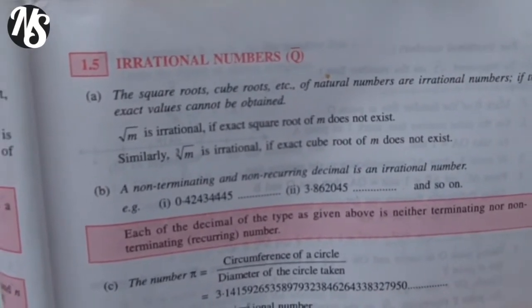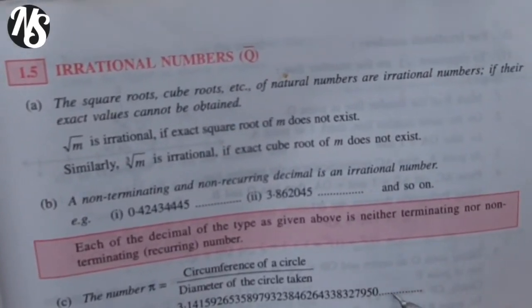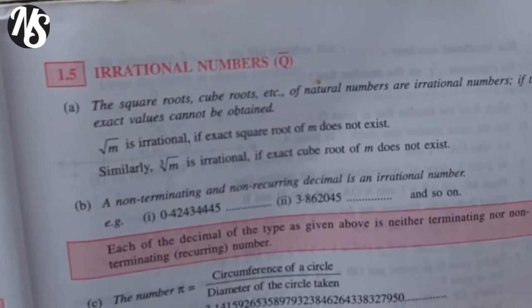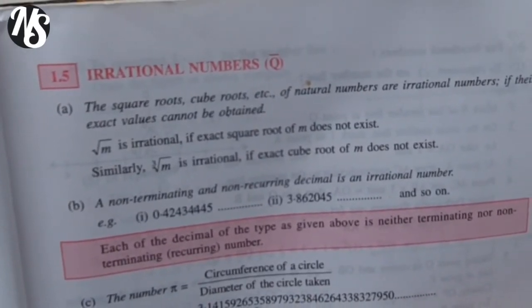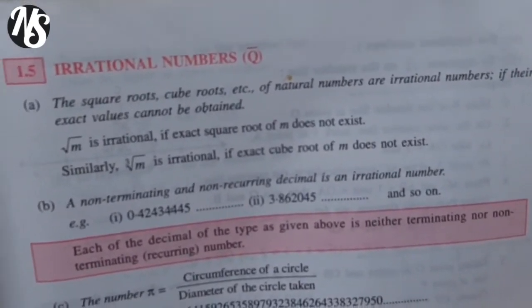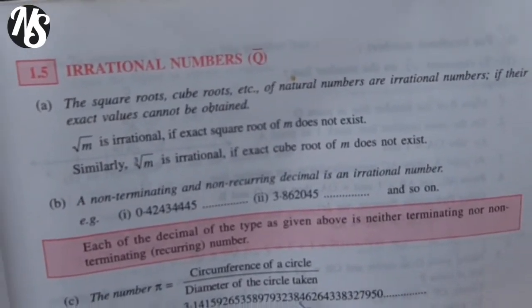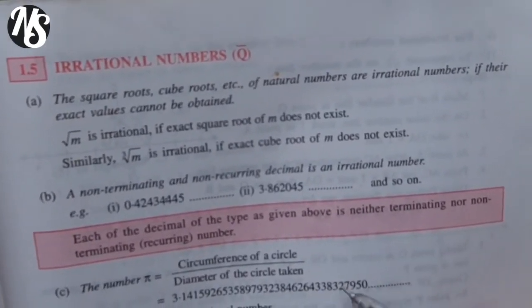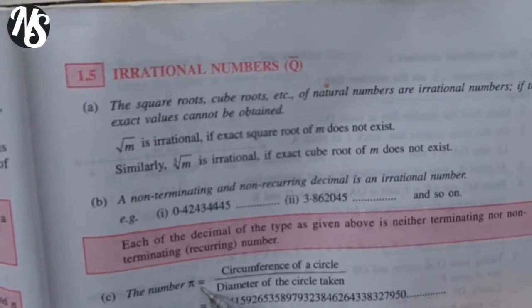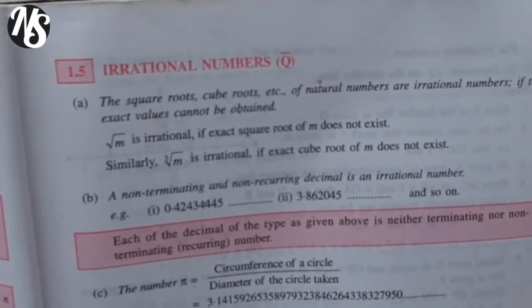The exact value will be this much, 3.1415925, and it is continuous, right? Now this is non-terminating and non-recurring, isn't it? So that's why the value of pi is also an irrational number. These are the things that you need to keep in mind about irrational numbers.